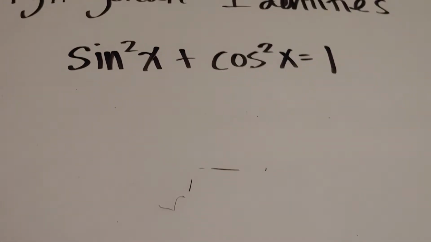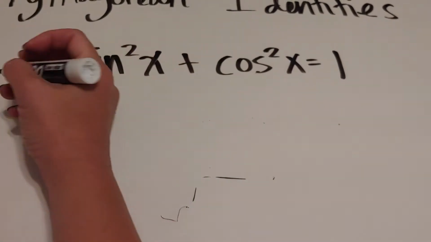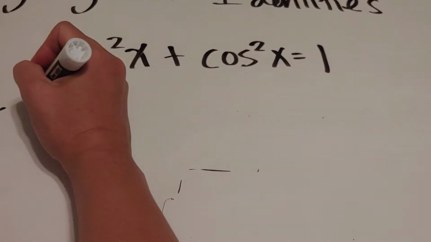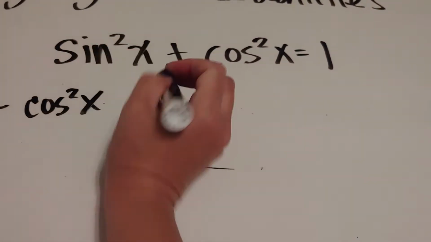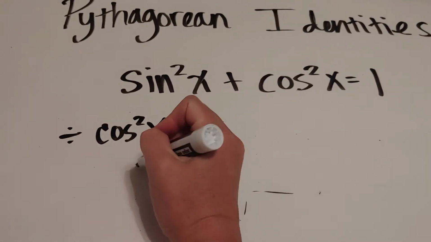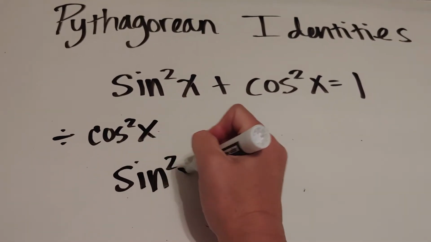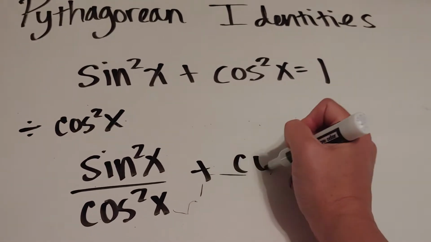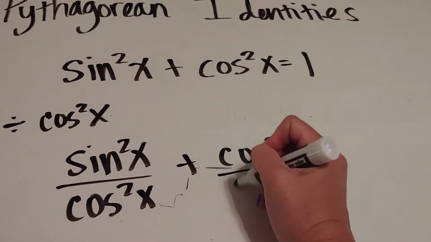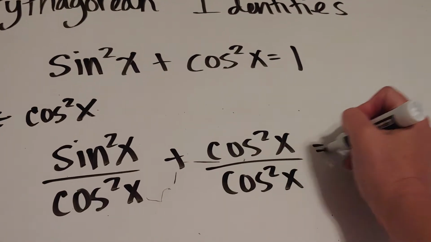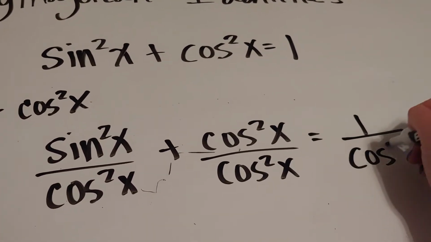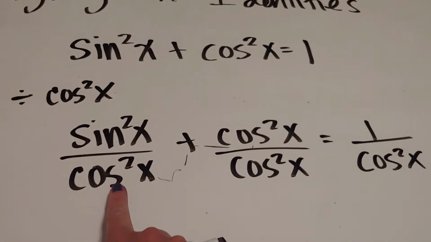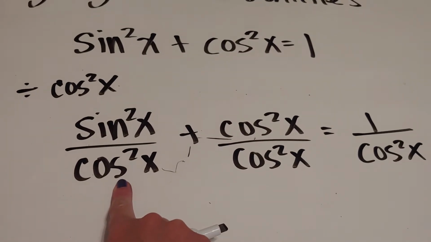Okay, so what you're going to do is take this guy and divide everything by cosine squared. If I take this original identity and divide everything by cosine squared, I get sine squared over cosine squared.